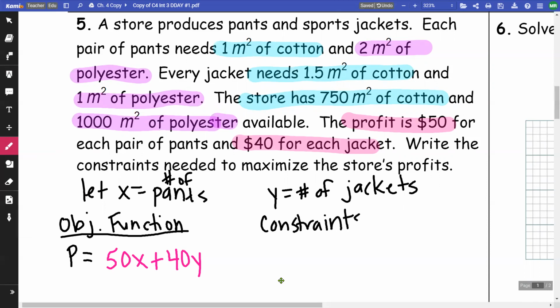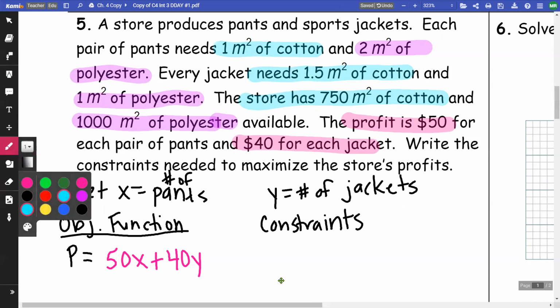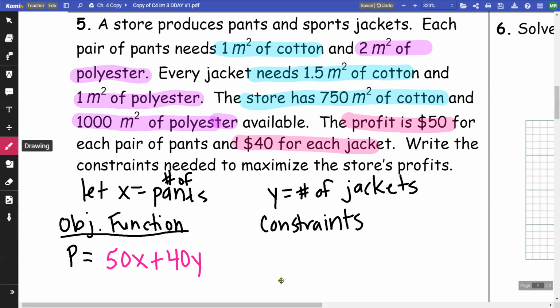Then my constraints, and this is what they actually wanted us to do. These are the inequalities. I'm going to have 1 on the cotton and 1 on the polyester. So for the cotton, I've got 1 square meter of cotton for the pants, so that's going to be 1X, plus 1.5 square meters for the jacket, so that's 1.5Y. And we only have 750 square meters, so it's going to be less than or equal to 750.